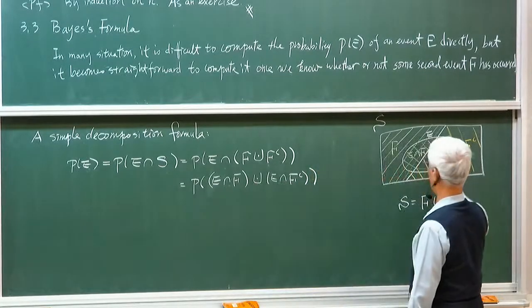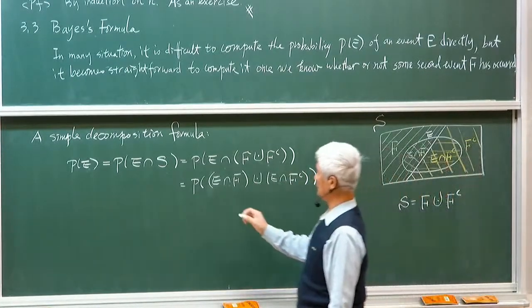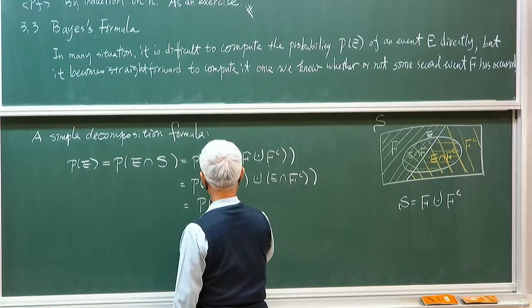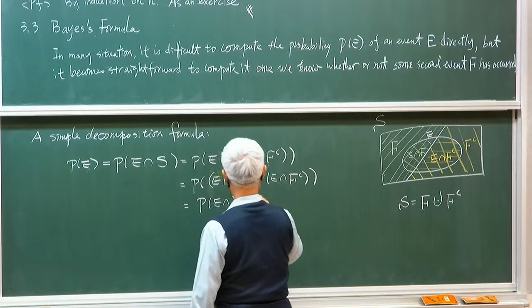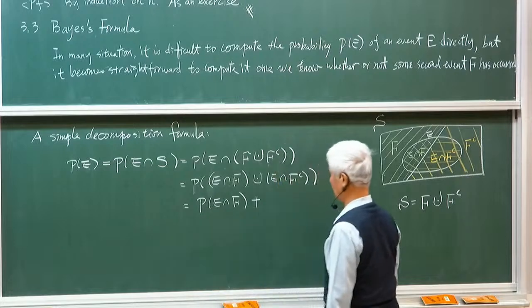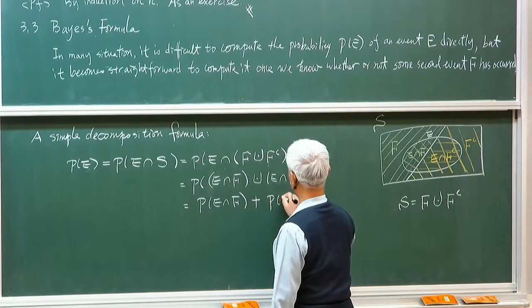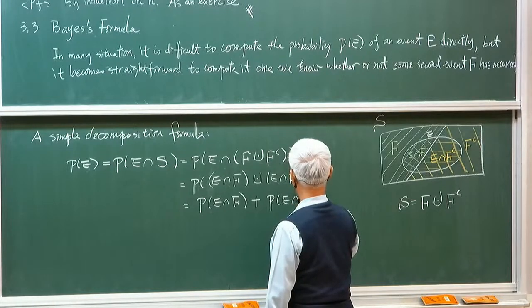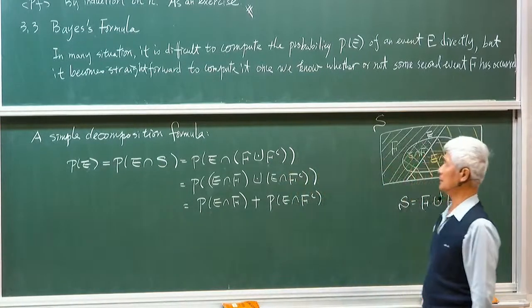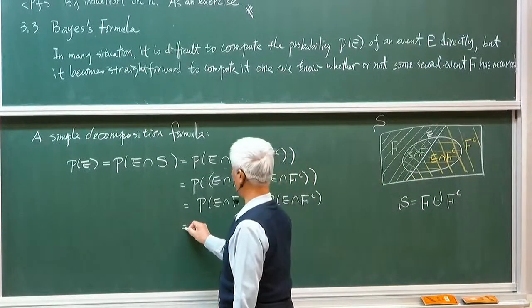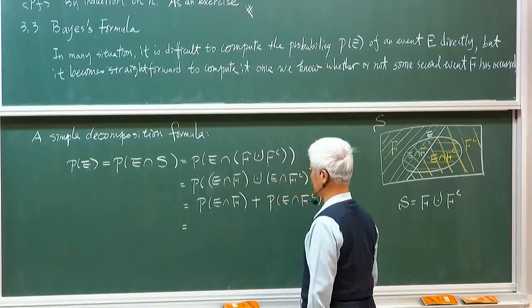By finite additivity, we know the probability of E is the joint probability of E and F plus the joint probability of E and F complement. Finally, we apply the multiplication rule.